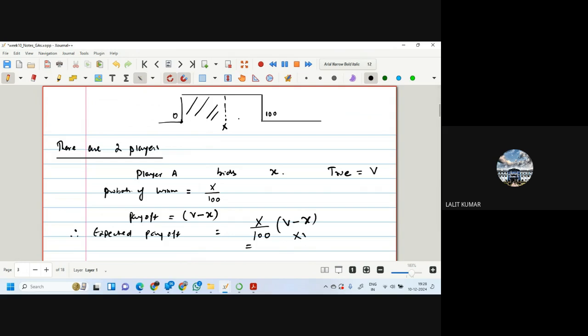This becomes XV by 100 minus X squared by 100.